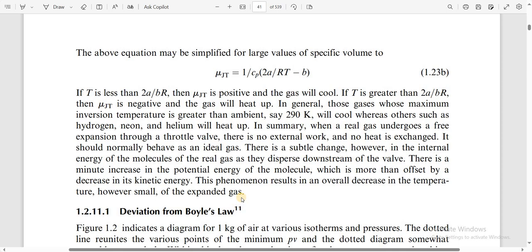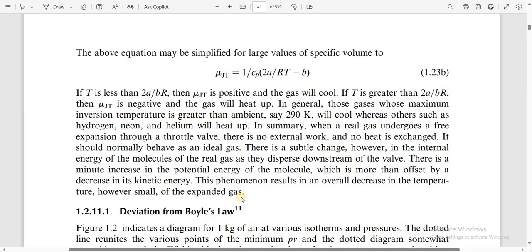There is a minute increase in the potential energy of the molecules, which is more than offset by a decrease in the kinetic energy. The phenomenon results in an overall decrease in the temperature, however small, of the expanded gas.